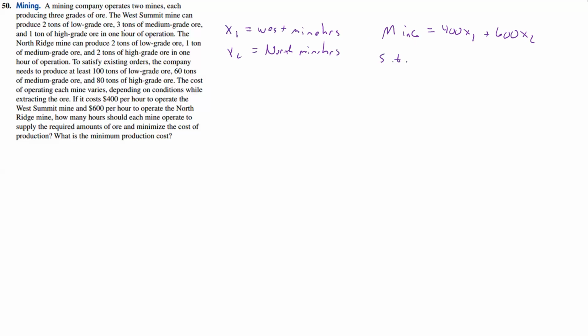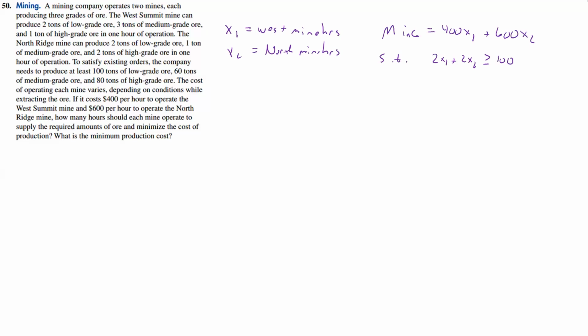Now, what do we have here? Now we have to find the 2 tons of low and the North Ridge can do. So it's going to be 2x1 plus 2x2. And then it has to do at least 100 tons of low, so it has to be greater than or equal to 100.